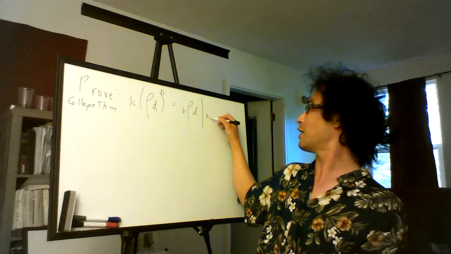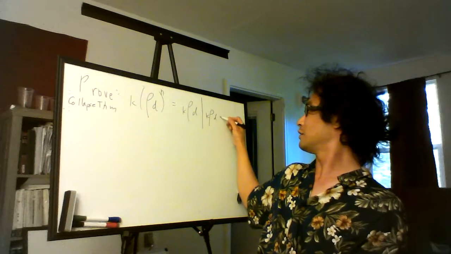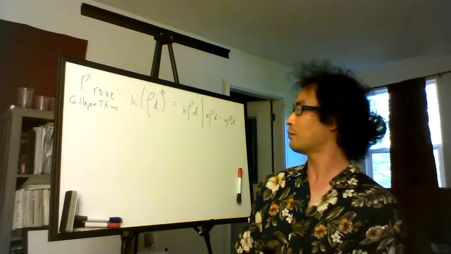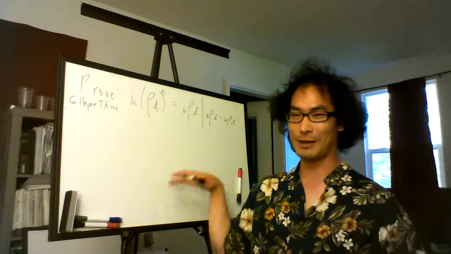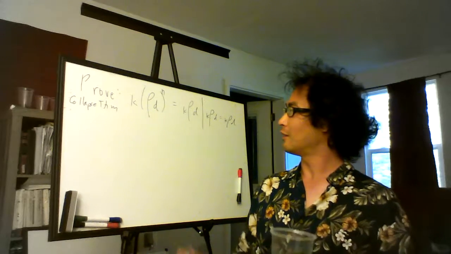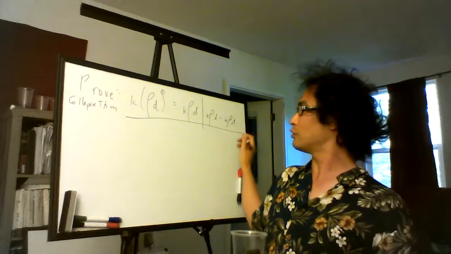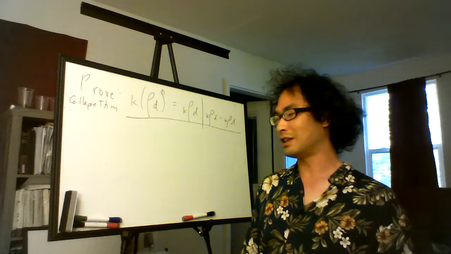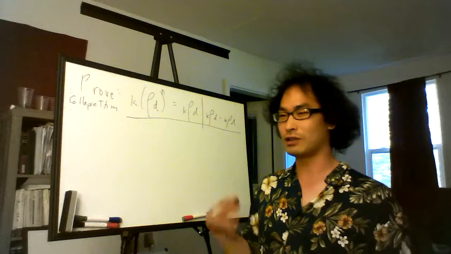Yeah, K rho d is equal to K rho d, right? Yeah, that's the bottom line. The initial point, initial condition. Okay, we're gonna do this mathematical induction fashion because it's too difficult to prove in a deductive way.